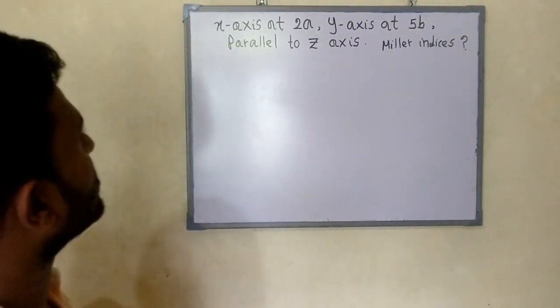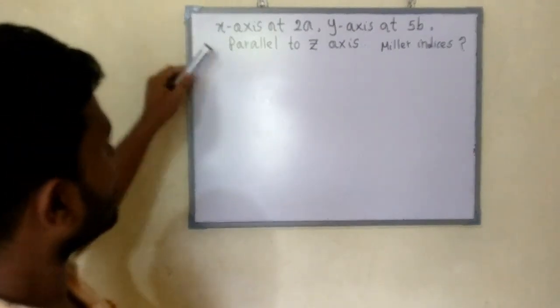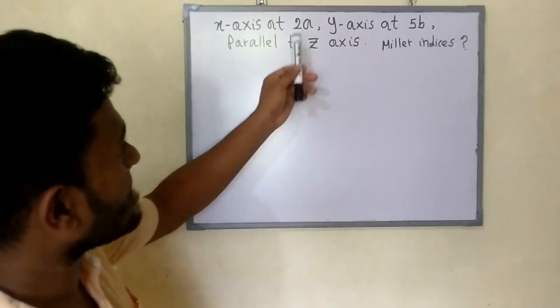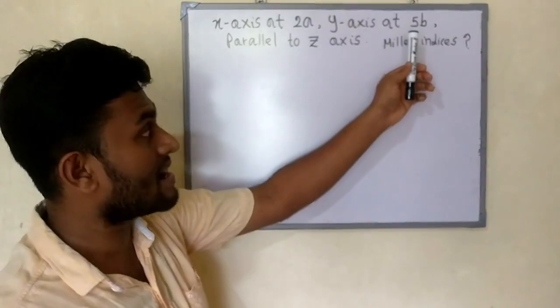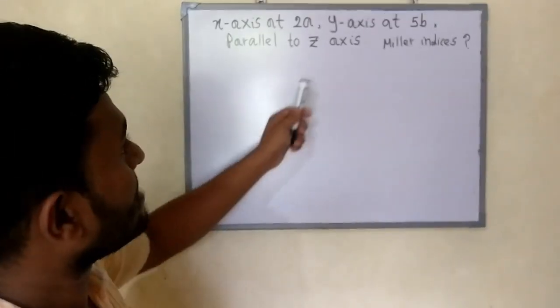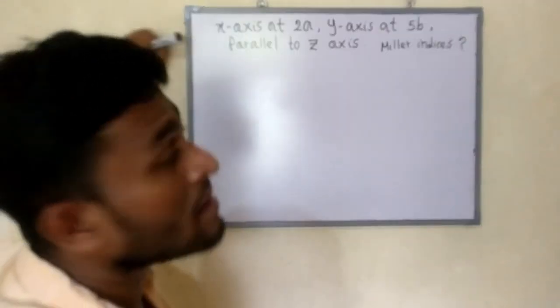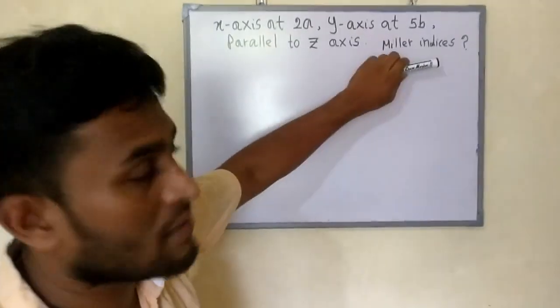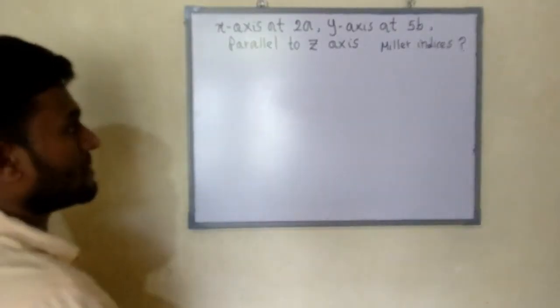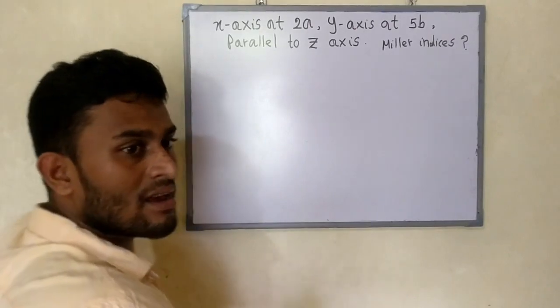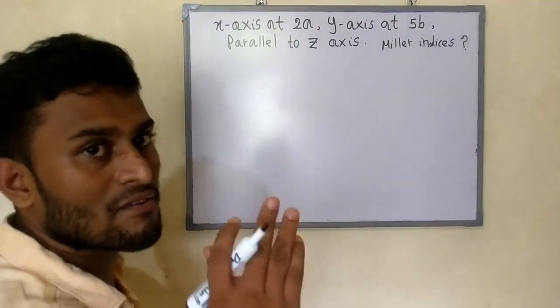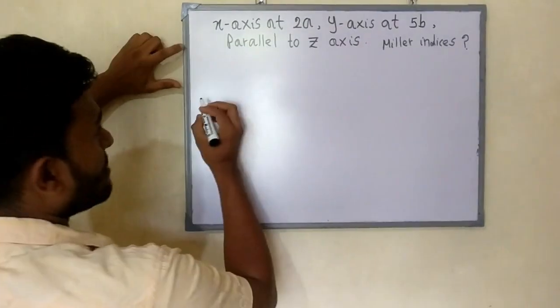Here they have given you a particular plane that cuts the x-axis at 2a, the y-axis at 5b, and the z-axis will be parallel. So you need to find the Miller indices of the plane. Here also you can use the same principle we used earlier in the first example.